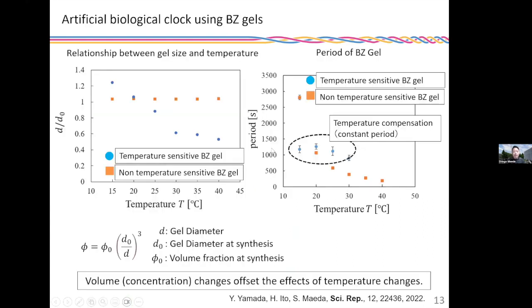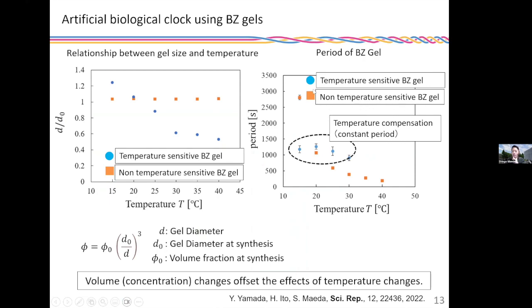So in the experiment, we synthesized gels based on such curves from the theoretical analysis. Look at the right-side figures. The y-axis shows the period, and the x-axis shows temperature. We prepared two gels: one is temperature-sensitive BZ gel, and the second one is non-temperature-sensitive BZ gel.